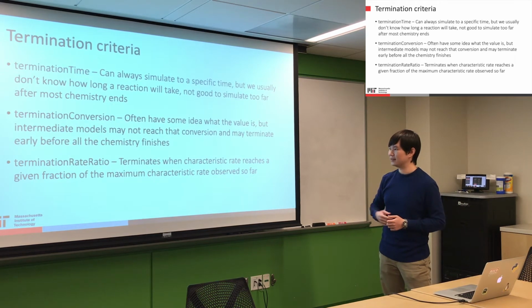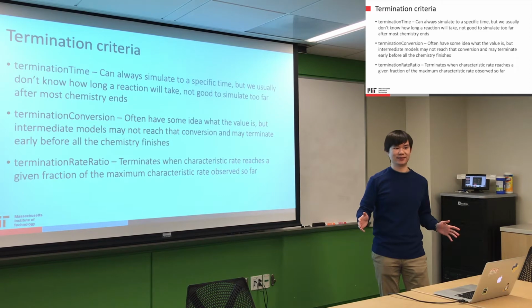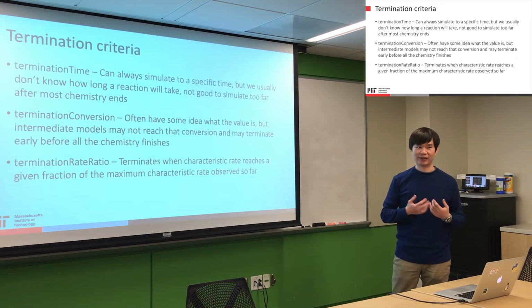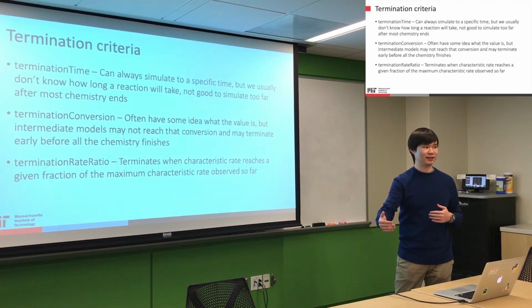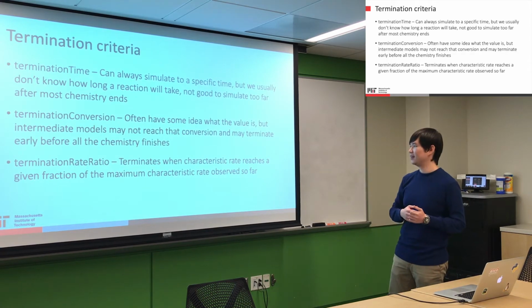But one difficulty is that early on in the RMG simulation, when your mechanism is still very incomplete, it's very possible that you're not going to hit this termination conversion at all because you don't have enough reactions to actually react your initial species.